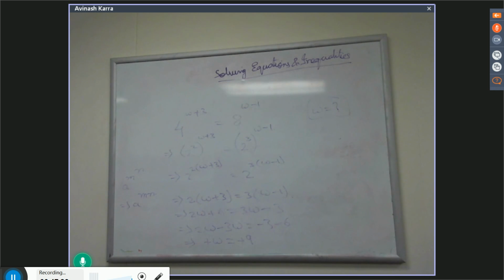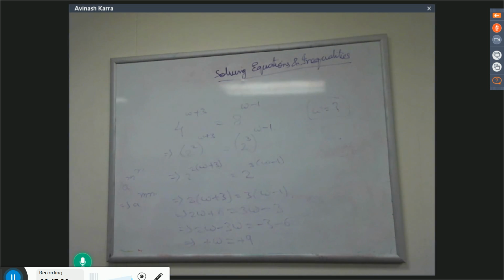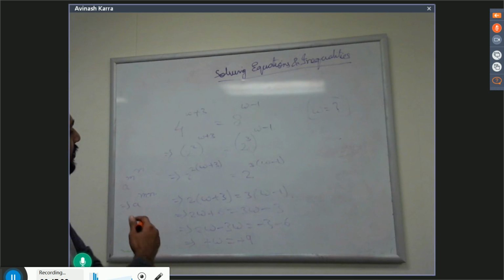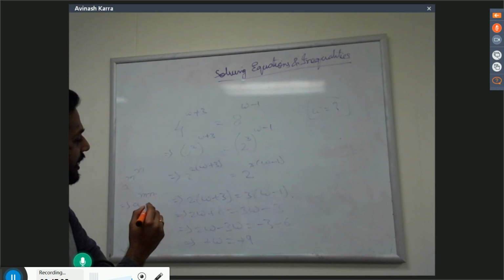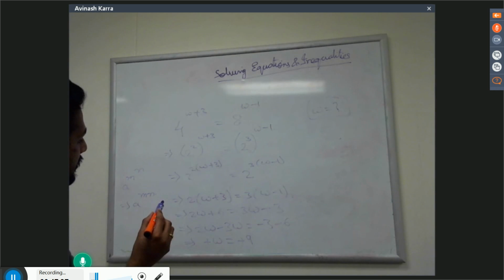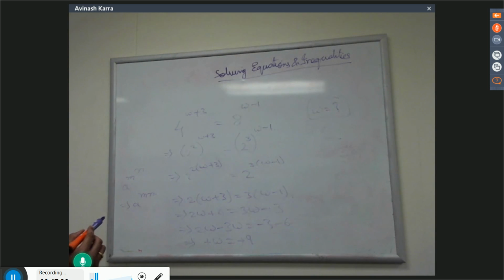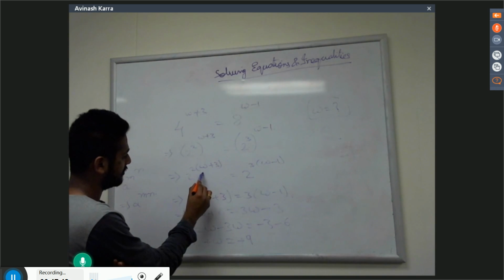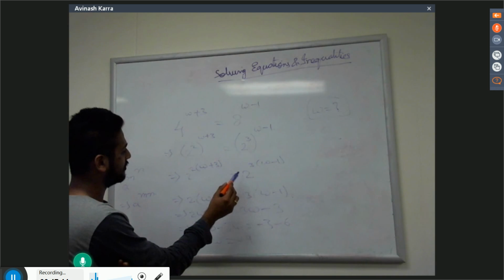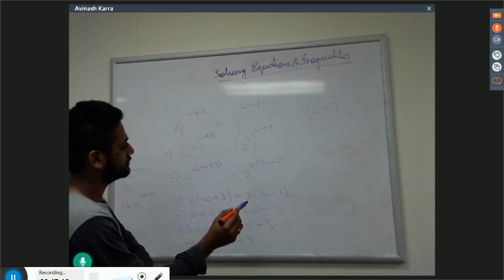Did you understand this? I have a question. Yes, please. I'm just a little confused at one spot. After you wrote 2 to the power of 2 times w plus 3 and 2 to the power of 3 times w minus 1, I'm confused from the bottom part.